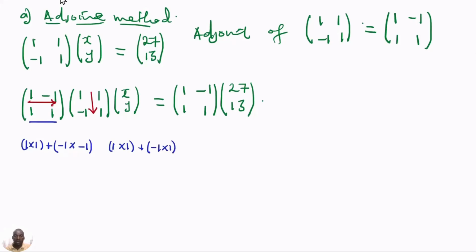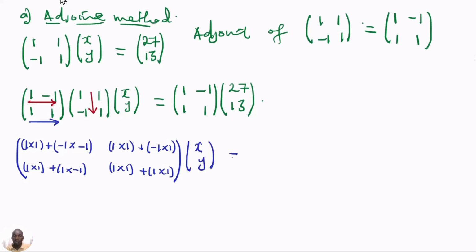Then for the lower row, still row by column, we have 1 multiplied by 1, plus 1 multiplied by negative 1. Then we have 1 multiplied by 1 plus 1 multiplied by 1, the whole of it under brackets, multiplied by x, y to be equal to, still on the right-hand side we multiply.